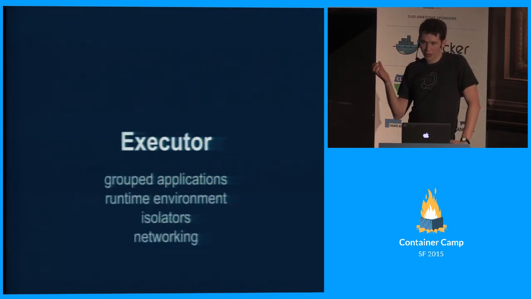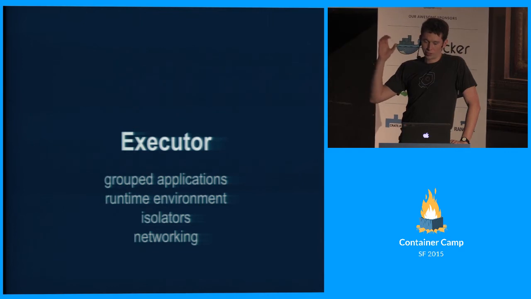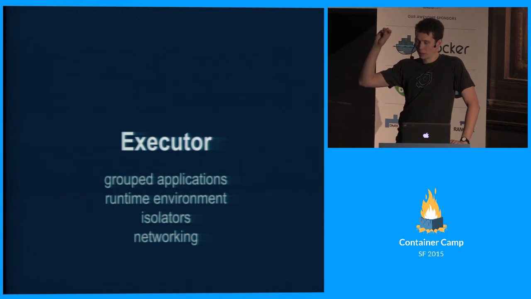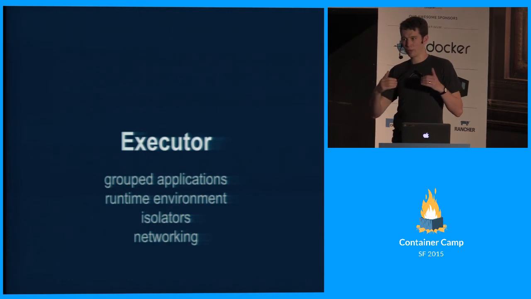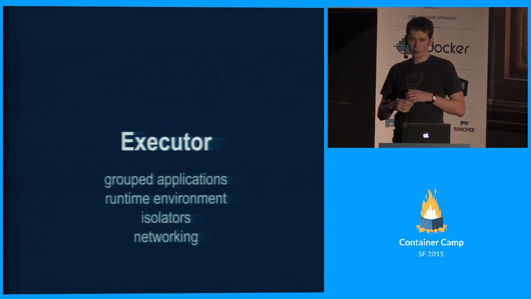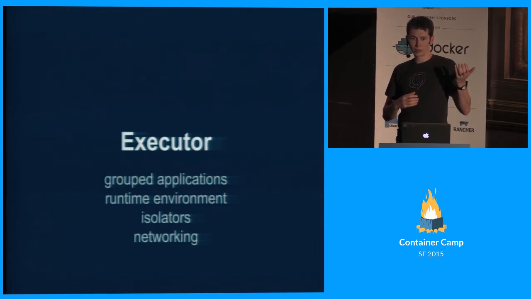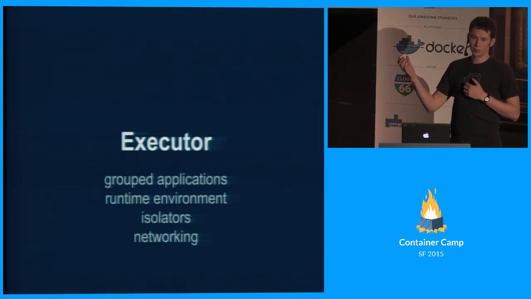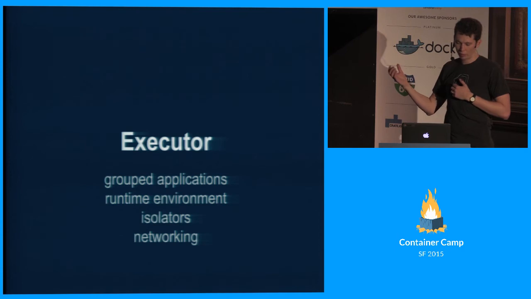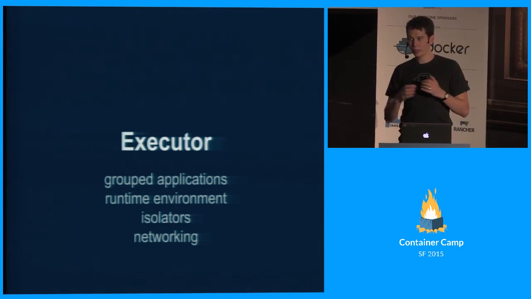And then the container spec talks about how the actual image is executed. The idea of a group of applications, which was talked about in the previous talk, this idea of a pod, how the actual container is executed, what does that runtime environment look like, how is the container isolated from the rest of the system. And these are both generic mechanisms, like using various POSIX constraints, like rlimits, or using OS-specific constraints, like cgroups on top of Linux, and then how the networking is set up.